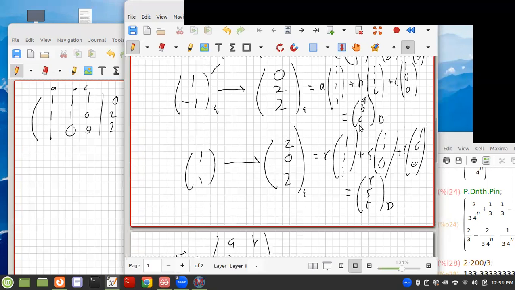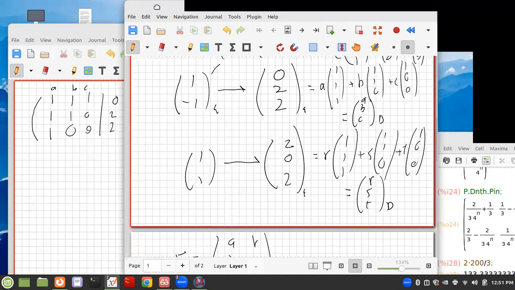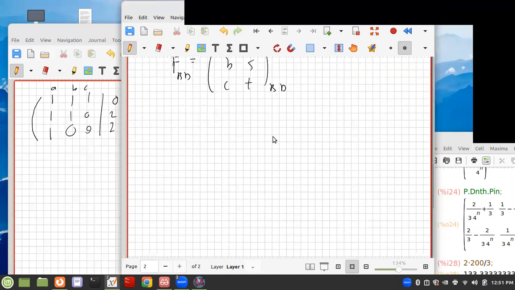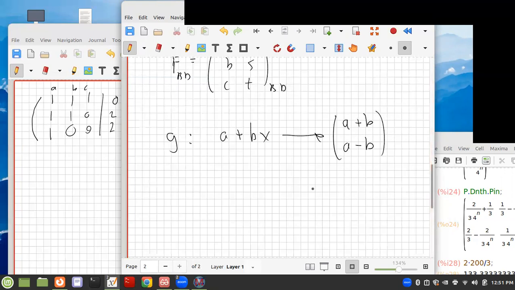So the part I left out was just the linear system part of finding the A, B, and C and R, S, and T. If you have a map G from, say, A plus BX to, say, A plus B, A minus B, like that, you do the same thing.